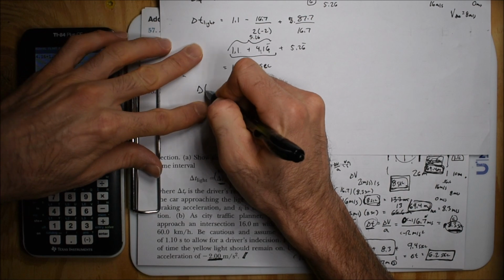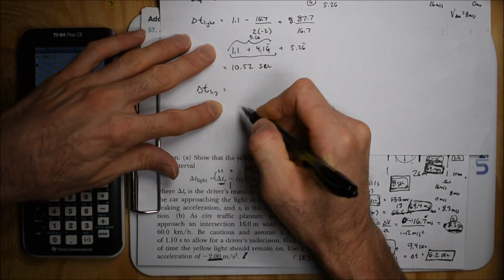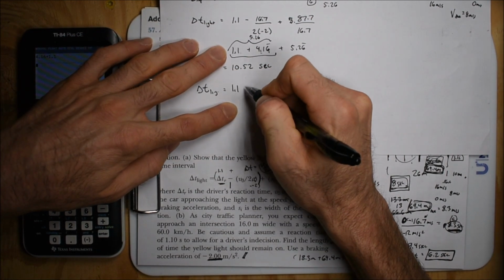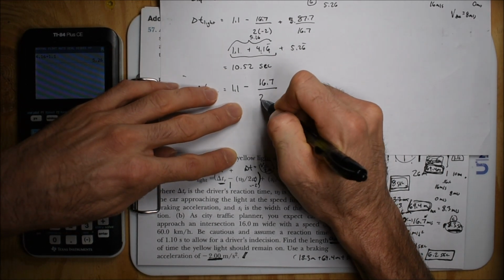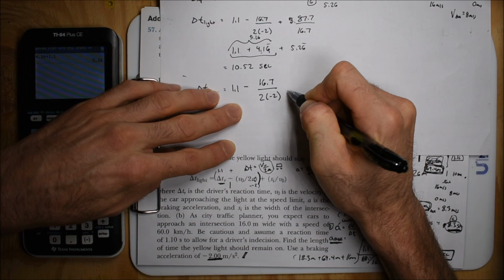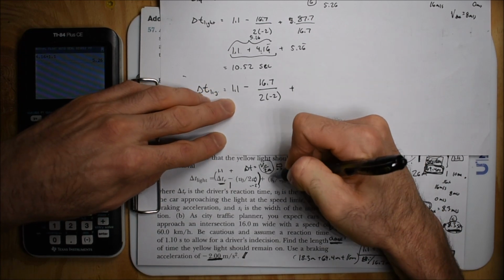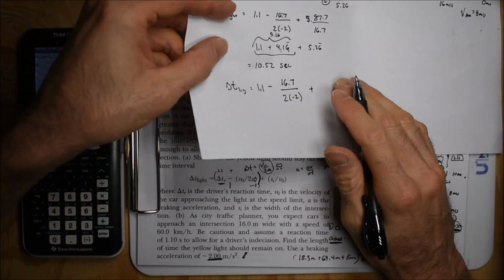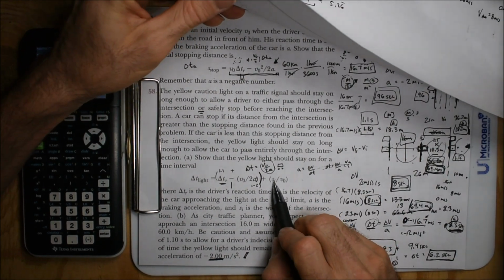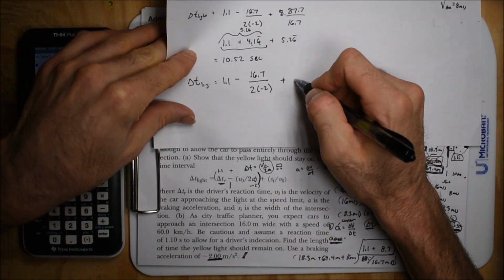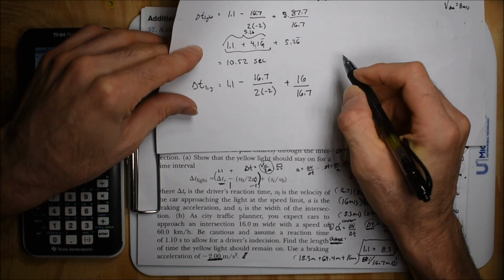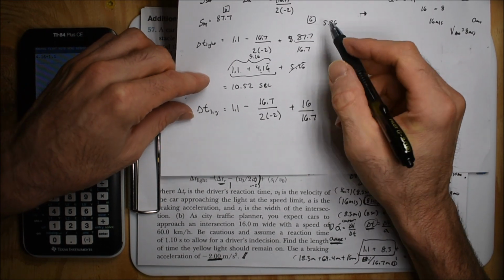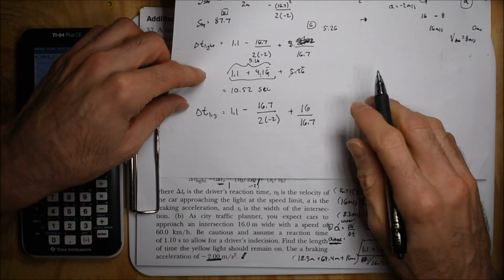So we have the change in time for the light is a reaction time 1.1 minus V naught 16.7 divided by 2, negative 2, plus our distance from before. So this was, oh, this is the distance of the intersection. So that's just 16 divided by 16.7. Oh, that's probably why I got this one totally wrong. Yeah. Oh, okay.